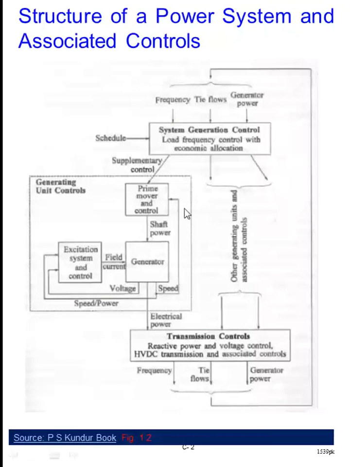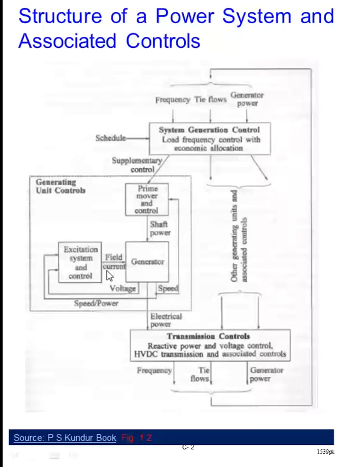It will be fed to the governor because we want to control the RPM, so the frequency of the generator signal. And we also want to control the terminal voltage of the generator. So here we have another feedback to the excitation system.